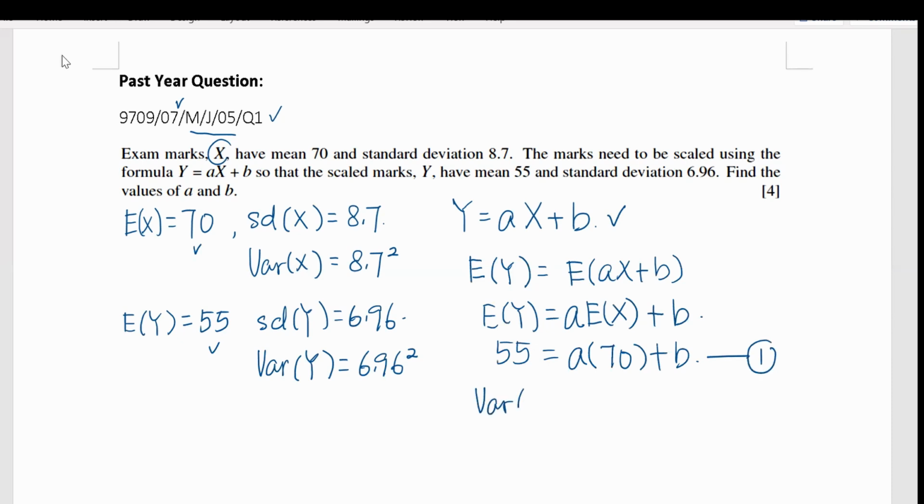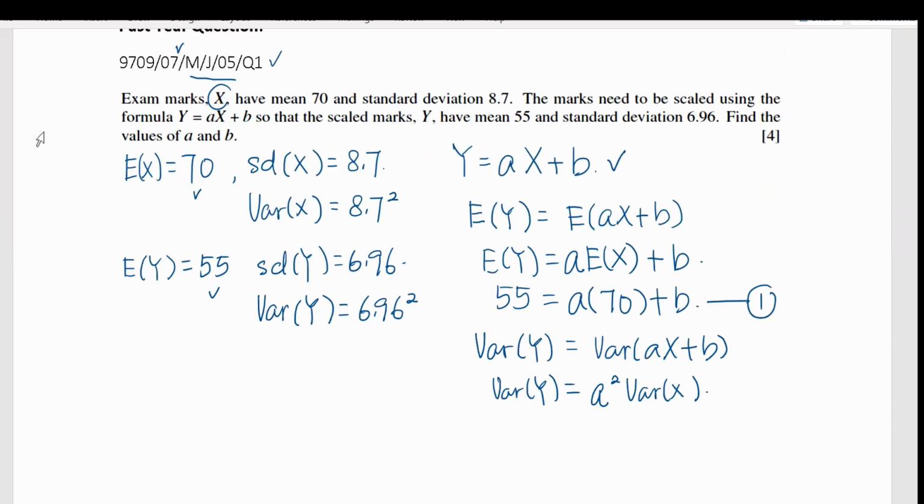Then I'm going to use the variance of Y. Based on the formula we discussed, the constant a will be taken out and squared, followed by the variance of X. Now, the variance of Y should be this value, 6.96 squared, which equals a squared times the variance of X, which is 8.7 squared.